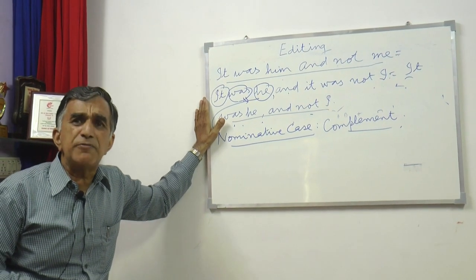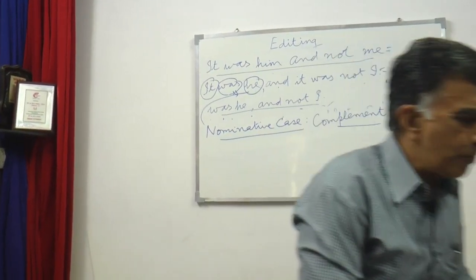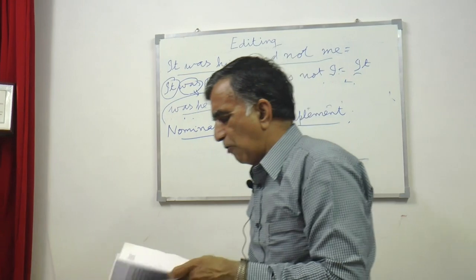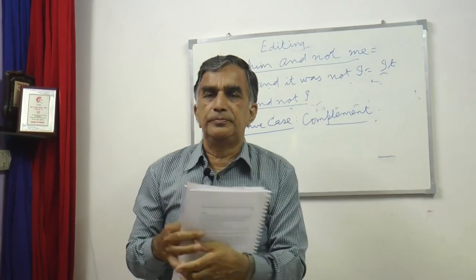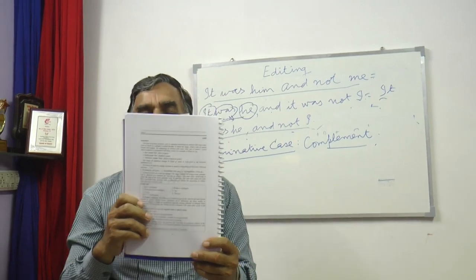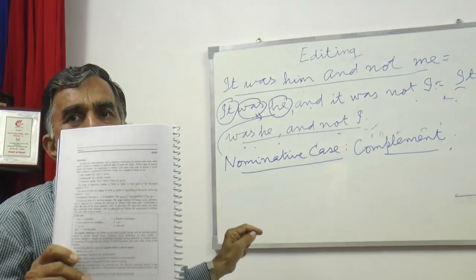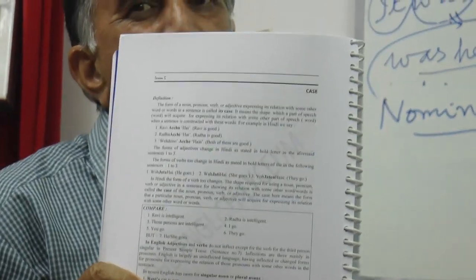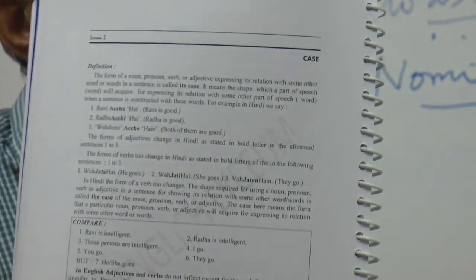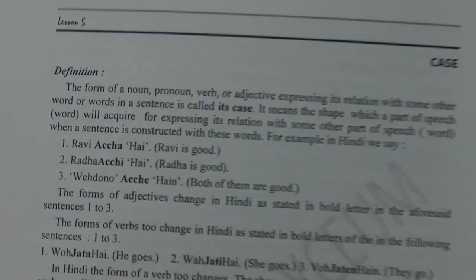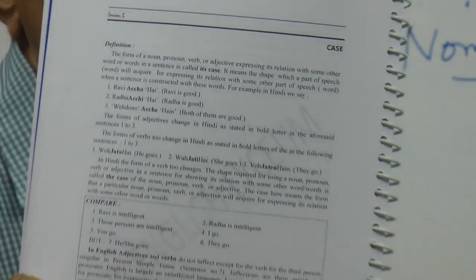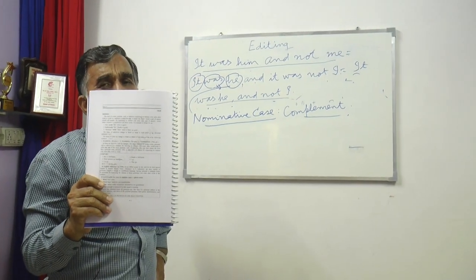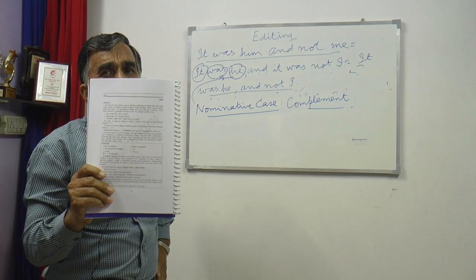Now, what is a nominative case? Nominative case is the form of a noun, pronoun or adjective expressing its relation with some other word or words in a sentence is called a case. So when we have a pronoun as a complement, it has to be in the nominative case.